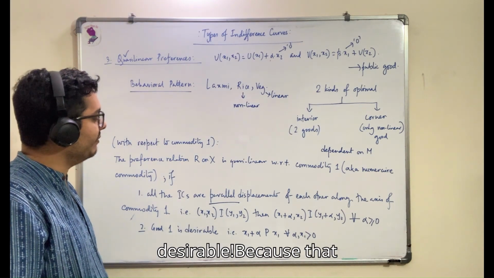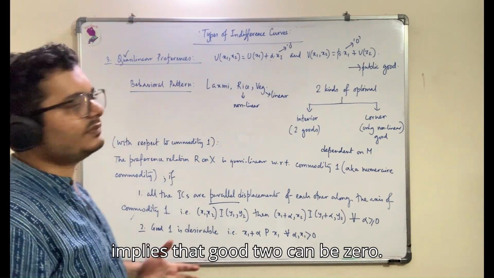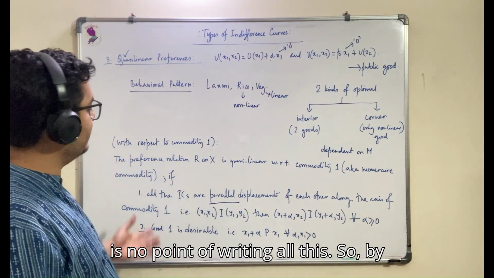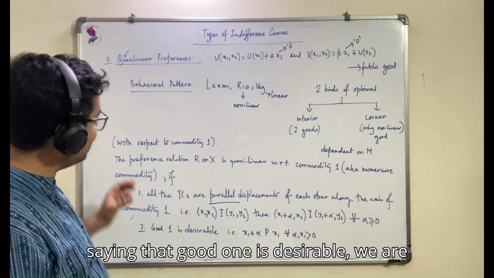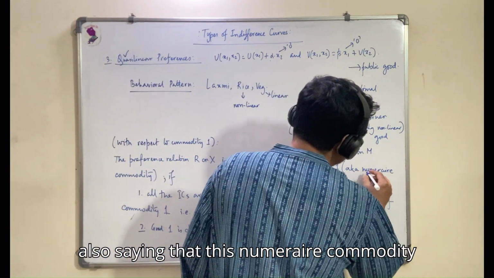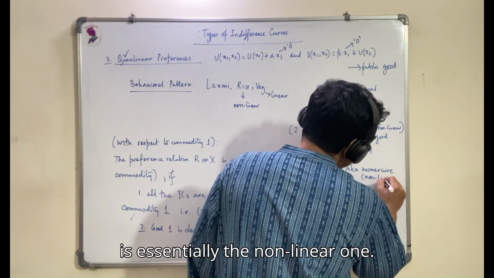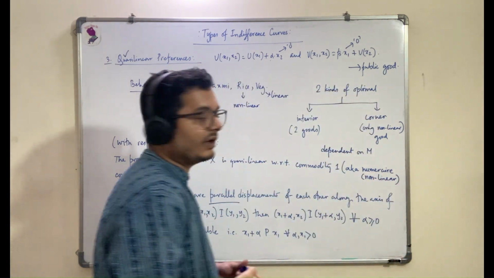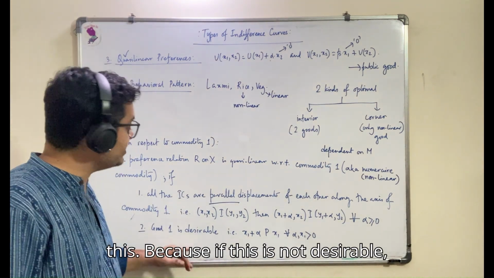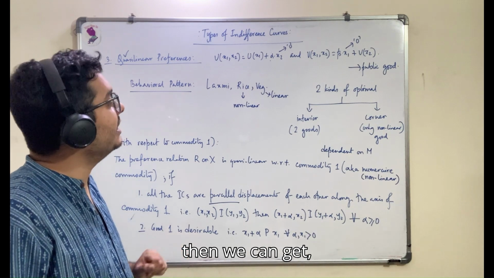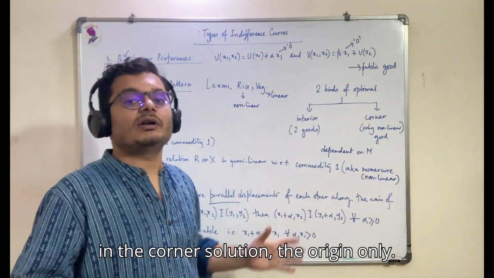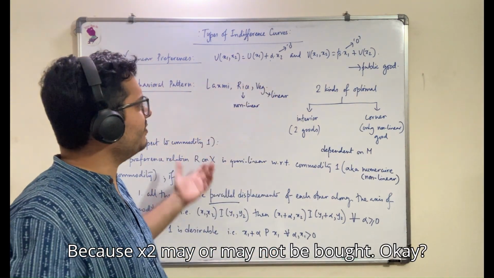Because that implies that good 2 can be 0. But if good 1 is also 0, then there is no point of writing all this. So by saying that good 1 is desirable, we are also saying that this numeraire commodity is essentially the non-linear one. Try to understand this. Because if this is not desirable, then in the corner solution we can get the origin only, because x2 may or may not be bought.